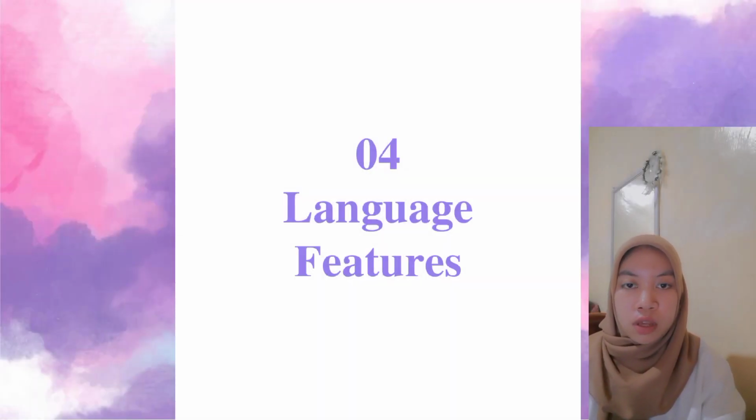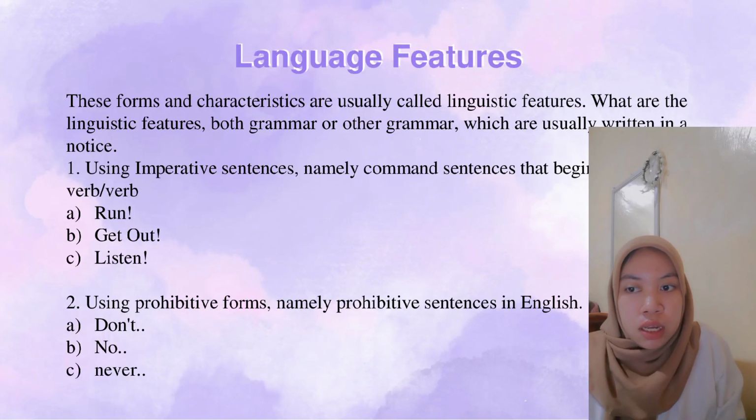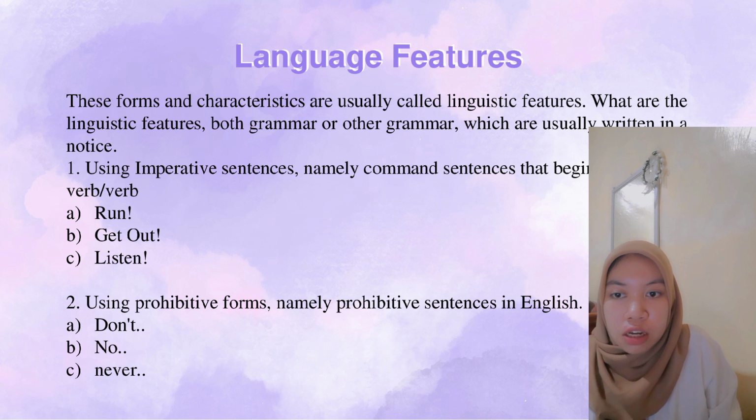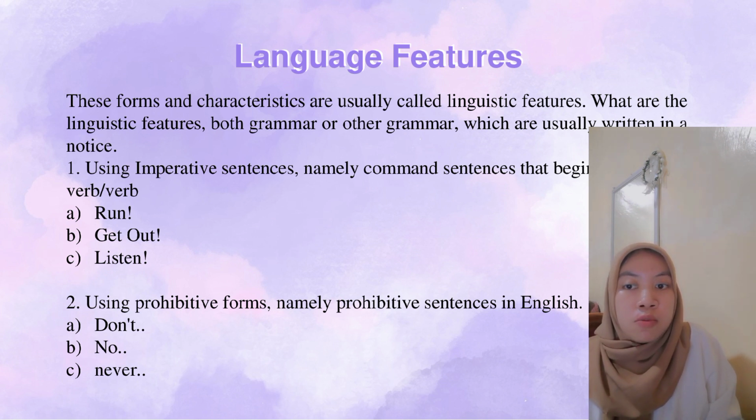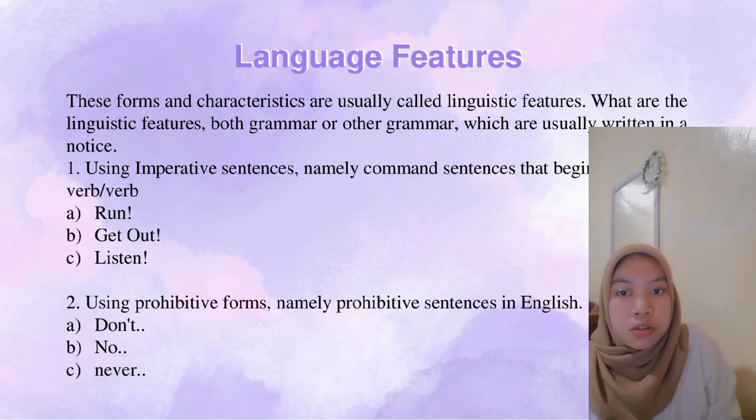Fourth, language feature. Language feature of notice is form and characteristics. Characteristics are usually called linguistic features. What are the linguistic features? Good grammar or other grammar which are usually written in a notice.